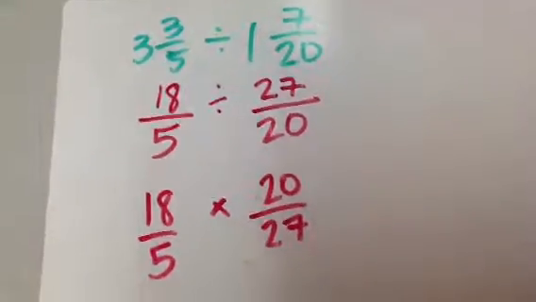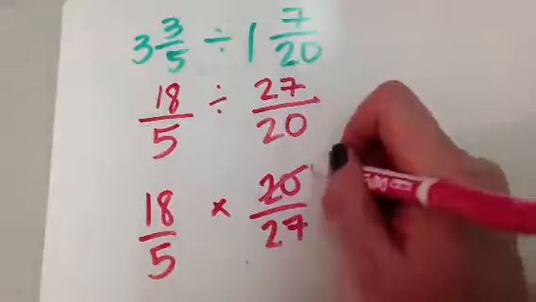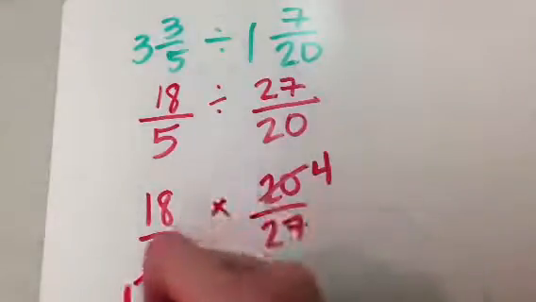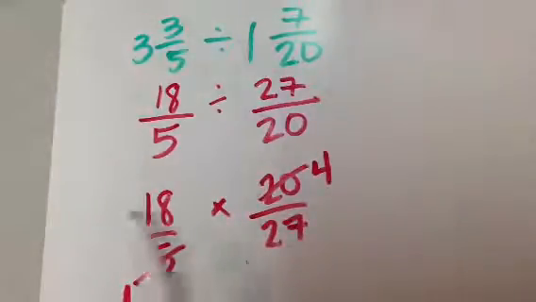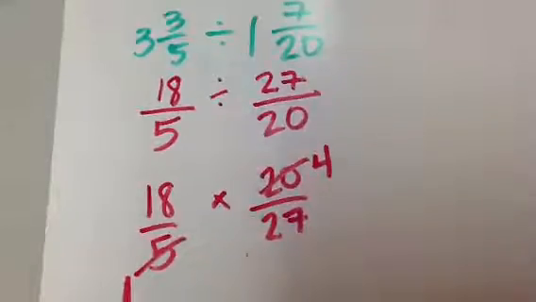Okay? Now at this point, I can cross-cancel anything that I want. Now, look at that. 5 and 20, they have a common factor of 5, right? I can divide 5 out of both of those. And 18 and 27, they have a common factor of 3, but also of 9, don't they?